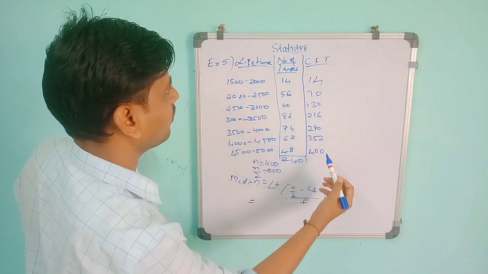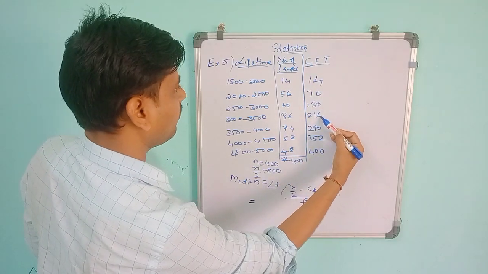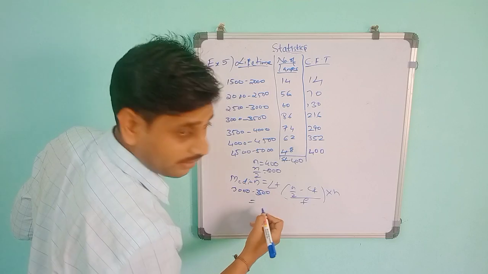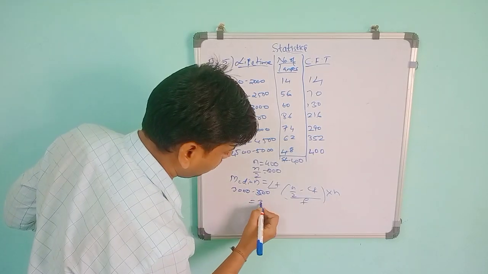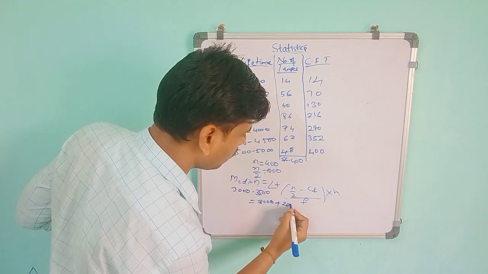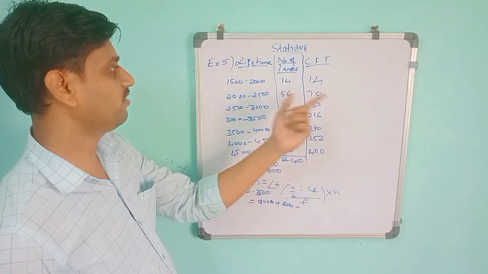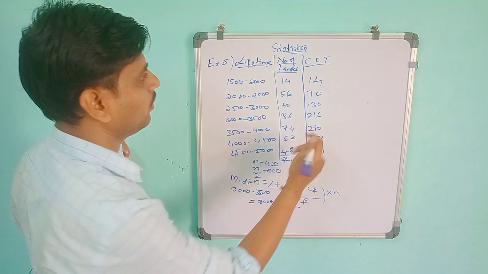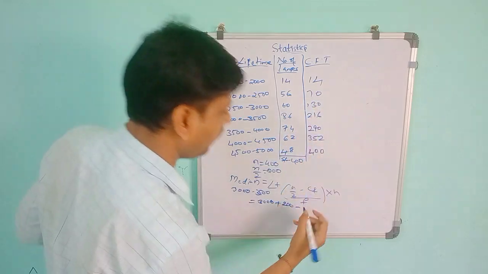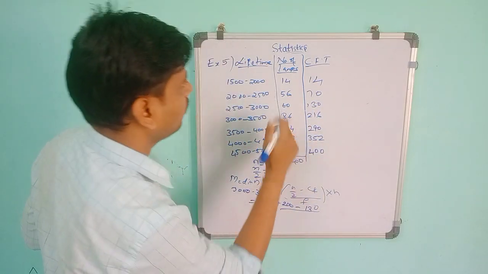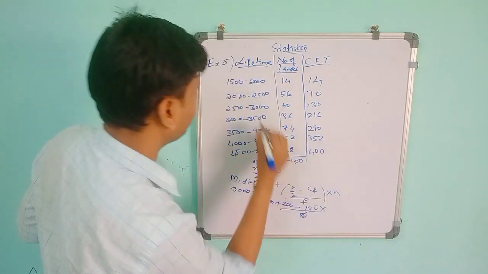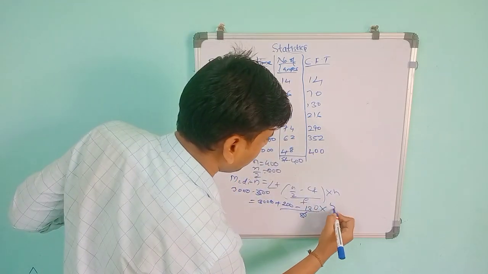So 200 means you have to check in the cumulative frequency. 130 is less, so 200 lies in 3000 to 3500. So the lower limit is 3000, plus n by 2, which we have calculated, that is 200, minus the cumulative frequency of the previous class, that is 130. Then the frequency of the median class 3000 to 3500 is 86, and h is 500.